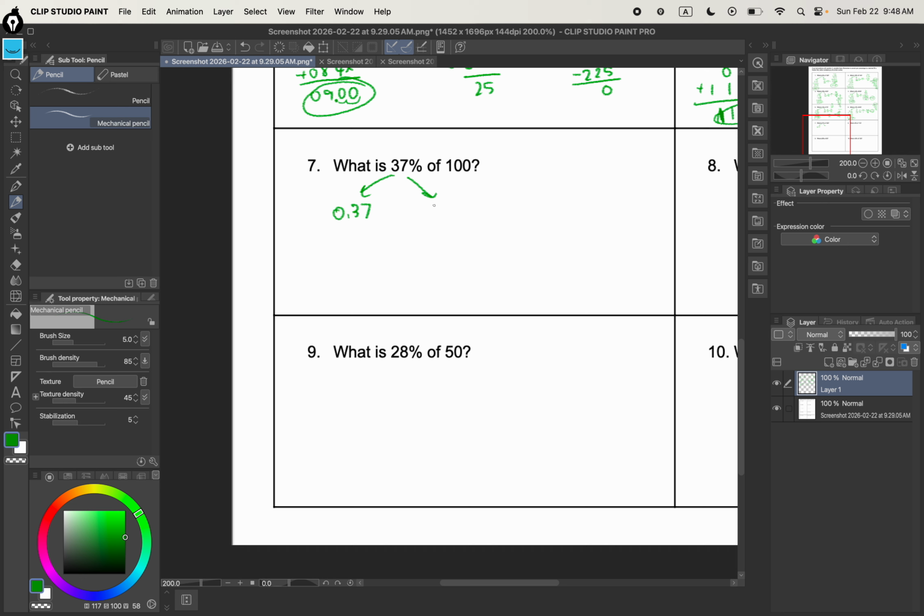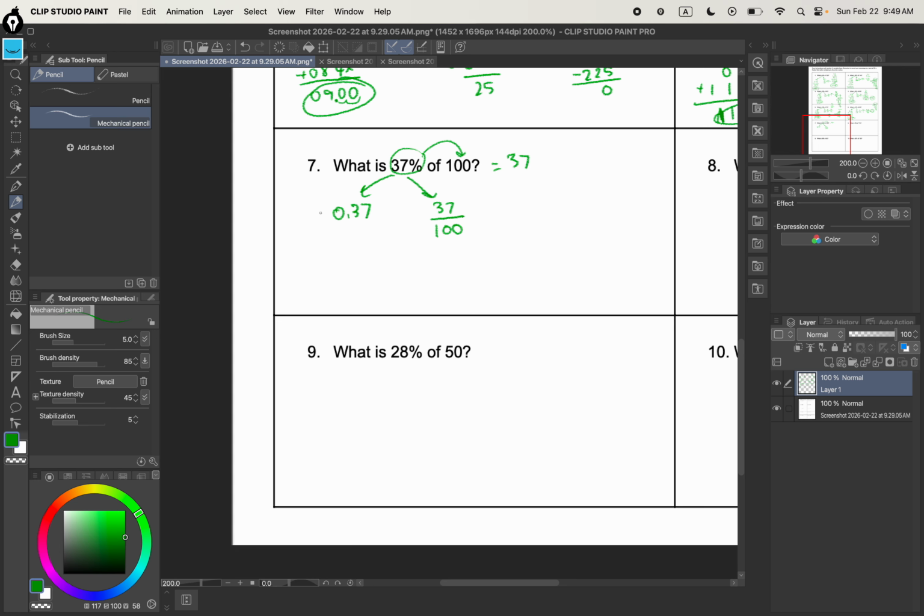As you might notice, if you're very good at converting, this will help you out. So, side note, if you have a percentage and it's out of 100, that's your answer. It's just 37. It's 37 out of 100. You don't even need to multiply.